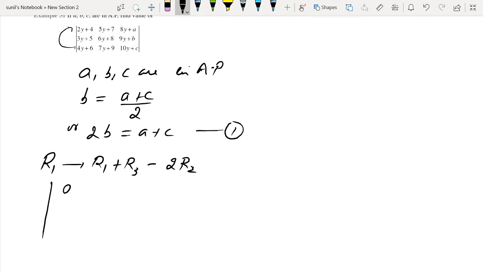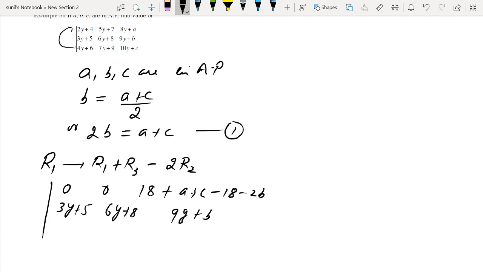It is 0, and it will be 18 plus A plus C minus 18 minus 2B, that is 3y plus 5, 6y plus 8, 9y plus B, 4y plus 6, 7y plus 9, 10y plus C. This will get cancelled with this, and A plus C is again same as this.